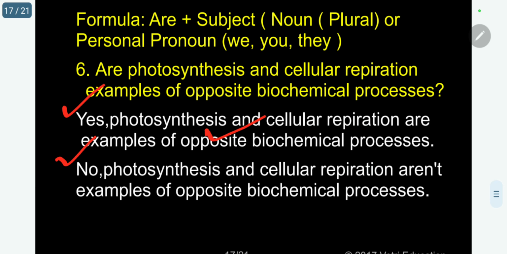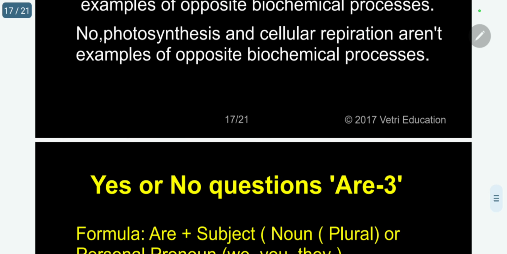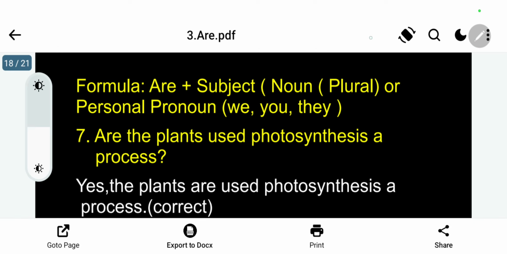Whereas in cellular respiration, human beings and animals inhale oxygen and release carbon dioxide. So, opposite processes. Please follow. Photosynthesis is a process by which, with the help of chlorophyll, plants absorb carbon dioxide and convert it into glucose. That is called photosynthesis. Please follow. Number 7.